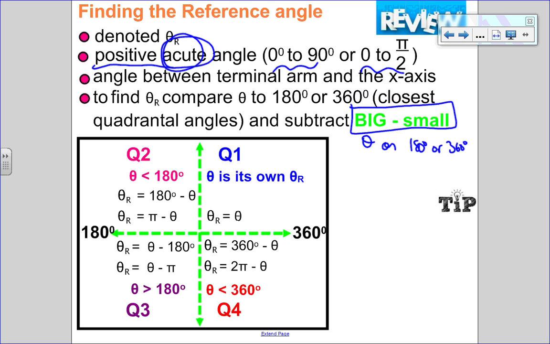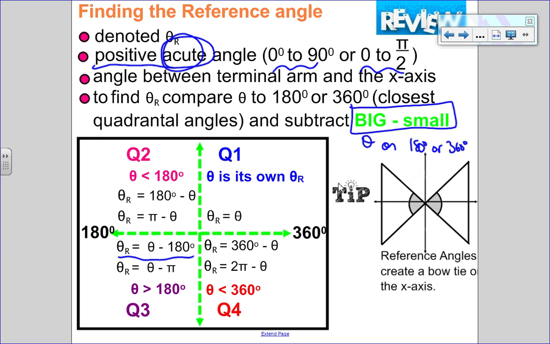In quadrant number 2, the x-axis angle 180 is always going to be bigger, so that's why I do 180 minus the angle. Now in quadrant 3, I'm going past 180, so now my angle is bigger. So for my reference angle, I do my angle minus 180, or my angle minus pi if I'm in radians. And then in quadrant number 4, the bigger angle is the x-axis angle of 360, so I would do 360 minus my angle, or 2 pi minus my angle.